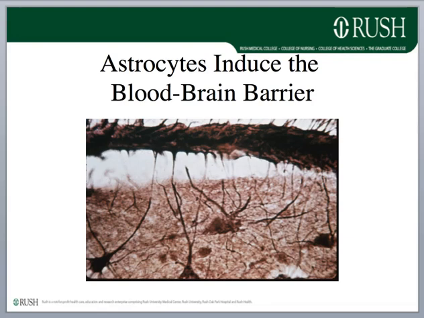Through the foot processes that surround capillaries or extend to the subpial or subependymal zones, they contribute to the barrier functions that control the flow of macromolecules between the blood, the CSF, and the brain. So they induce the so-called blood-brain barrier.